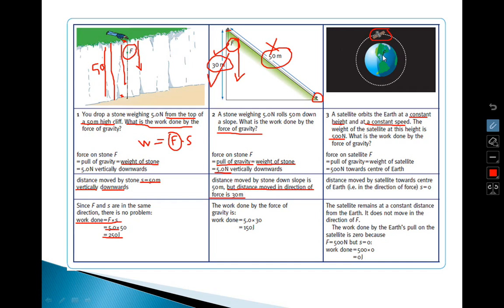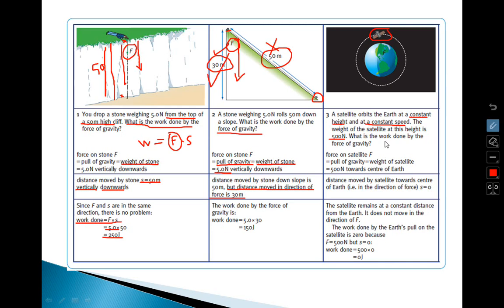This is F. So the gravity pulling this satellite is equal to 500 Newton. So what's the work done by the force of gravity?